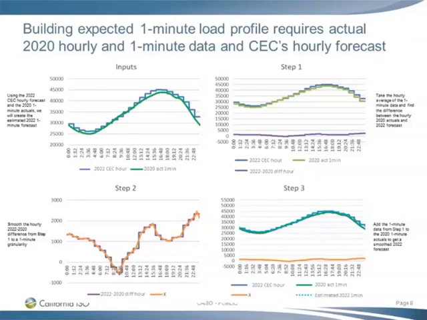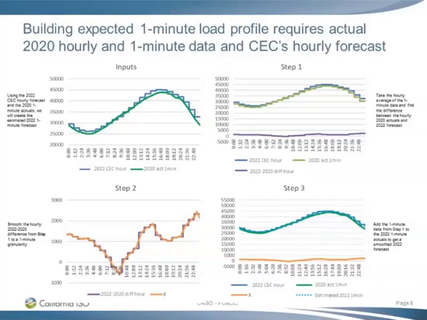But what we do is we take the difference each hour between the 2020 actual hourly data and the CEC's forecast for, in this case, let's say 2022. And that purple line at the bottom is the hourly difference for, in this case, 1 day. But we do this, again, for the whole year.